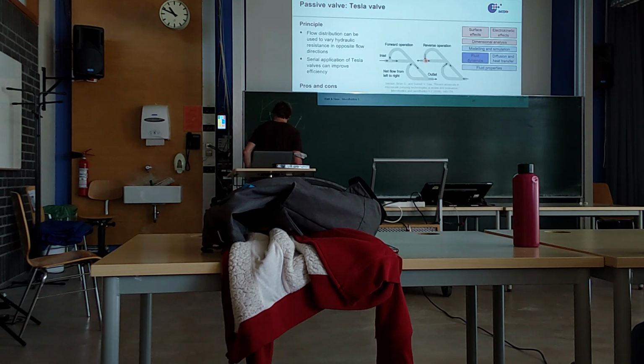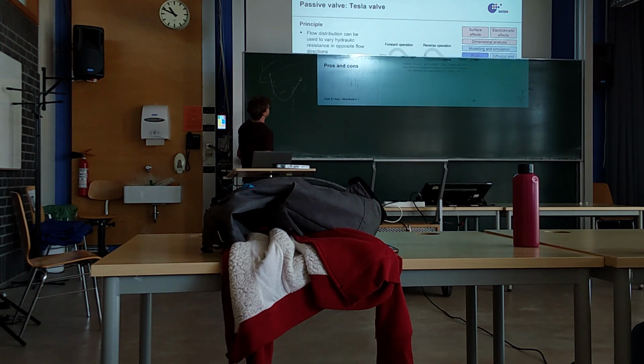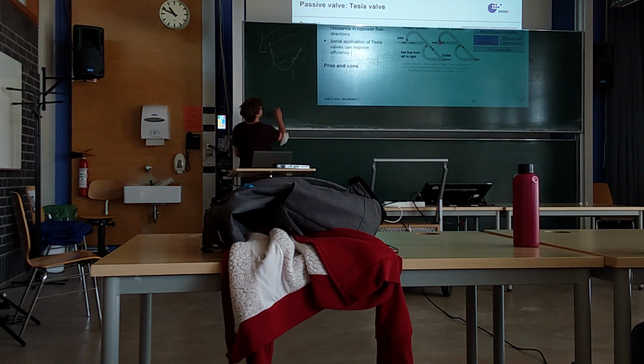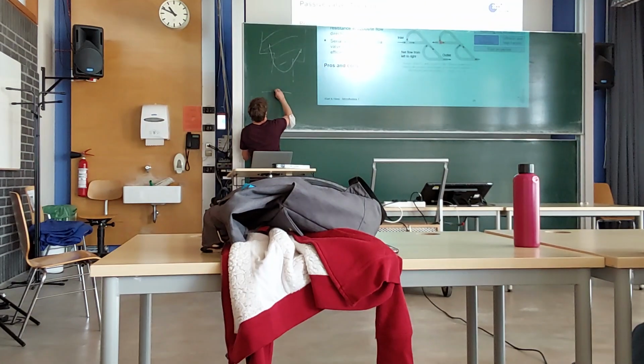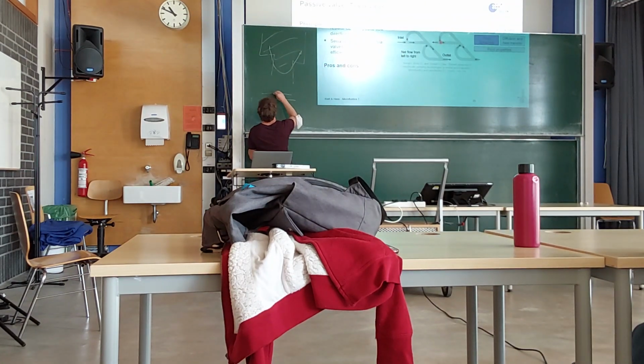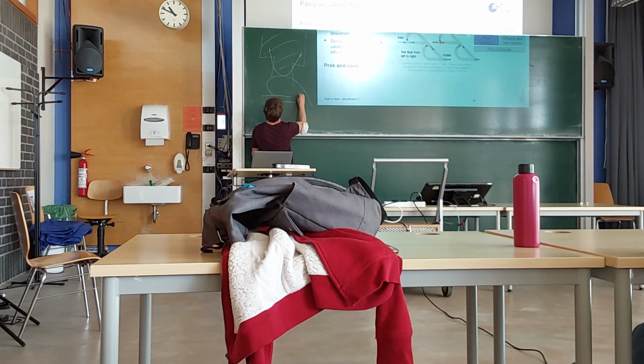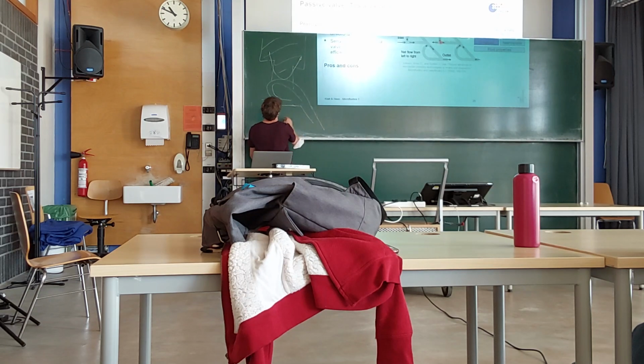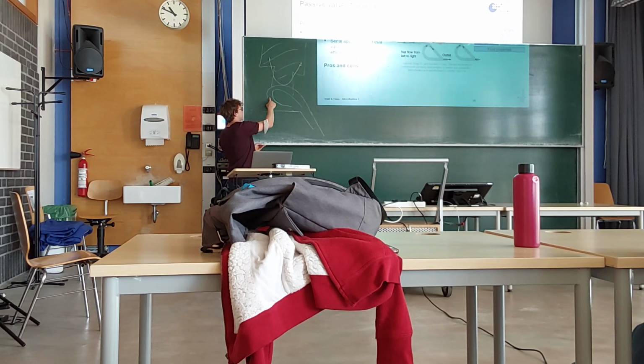So if you exaggerate the design of the valve, this is your channel, this is the other channel. If you really change the angle from 90 degrees towards a bigger angle in this direction, you will have a flow which moves against the flow direction of the other channel. And this will reduce the total flow of your system.